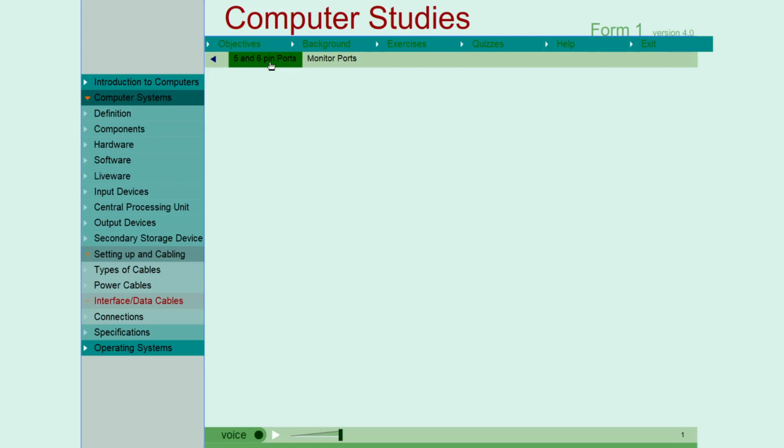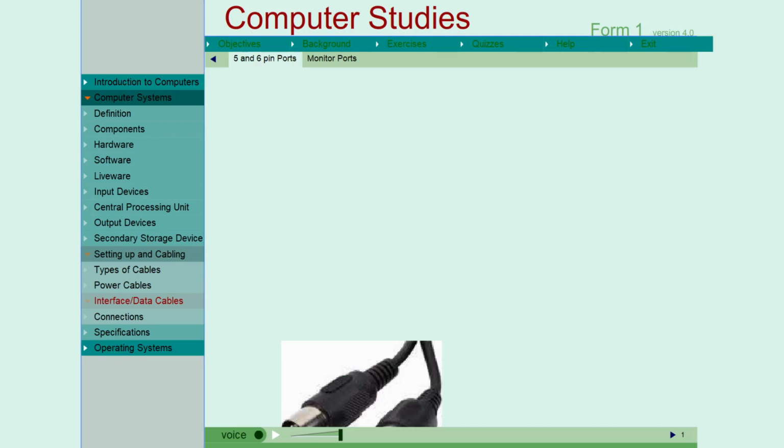Earlier computers used the 5-pin DIN for connecting the keyboards, but this has now been replaced by the 6-pin mini DIN known as PS2.